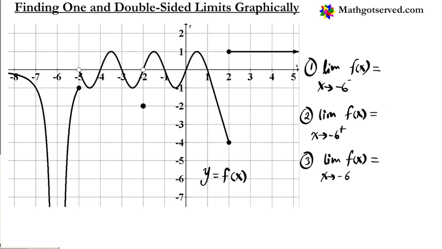One way we can look at it is to think of driving. You're driving along this curve. As x gets closer and closer to -6, what is happening? You're either going to be increasing, decreasing, or staying constant.